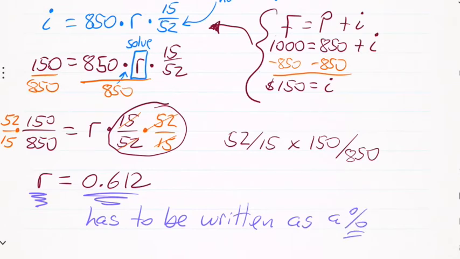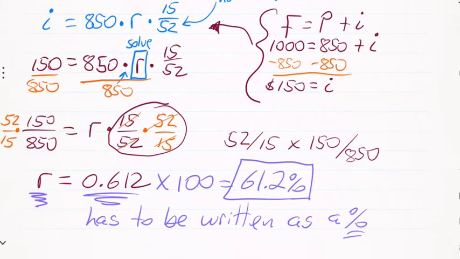To write it as a percent, I'm going to have to multiply it by 100, and this becomes 61.2%. So it started off looking like Dad was being nice with his APR, 0.612, but it turns out that he's charging more than a credit card interest rate, and definitely more than a bank rate. So poor Nakia, she's getting ripped off. And that's how you would find an APR in this situation.